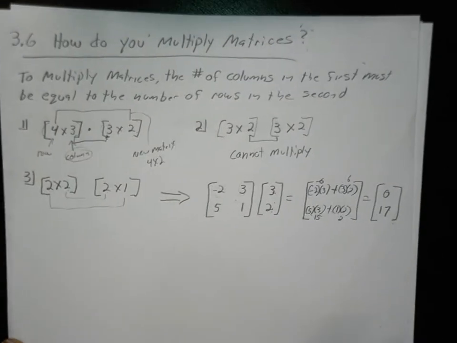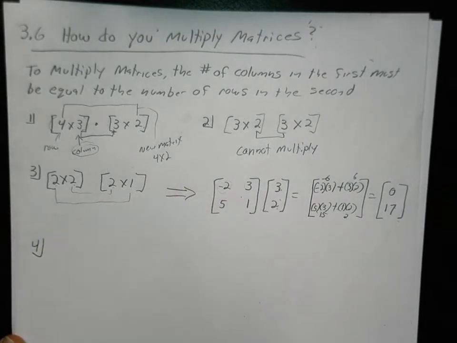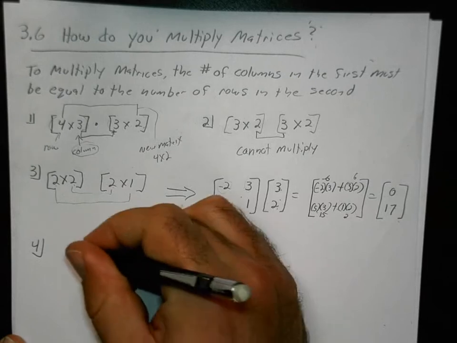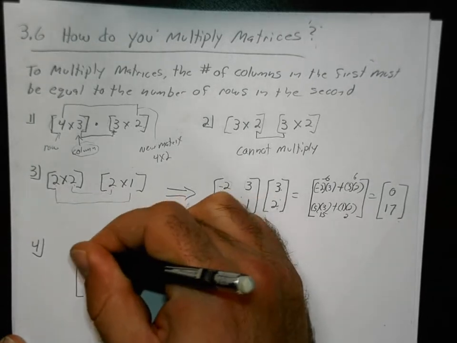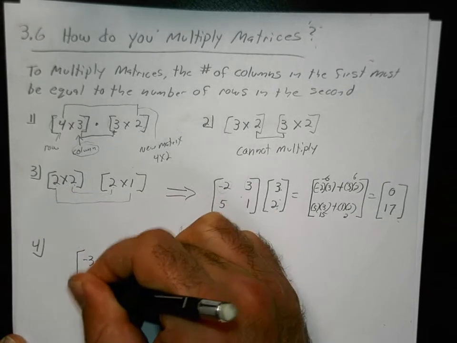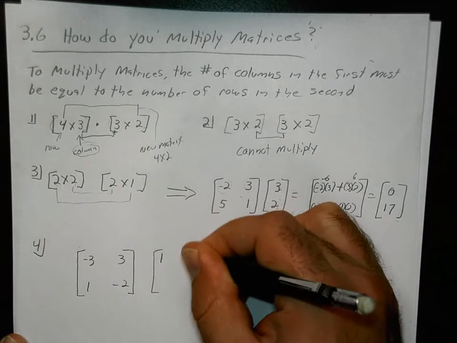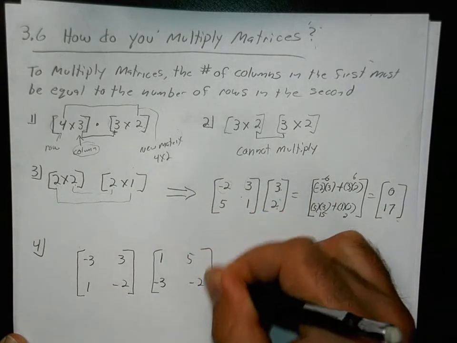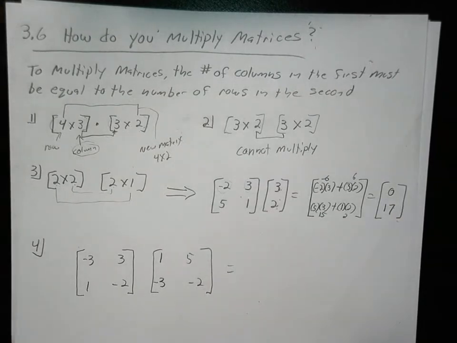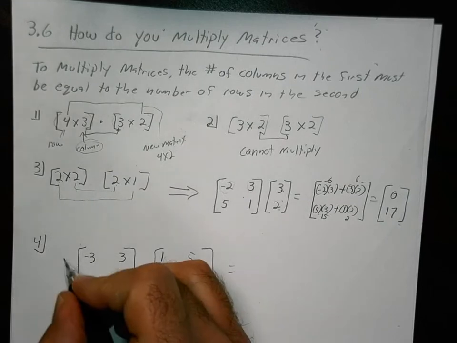Okay, so let's do some more complicated examples here with some more numbers in them. Let's take a 2 by 2 and multiply it by a 2 by 2 and see what I get. Now to make things easier for me, what I like to do is label the rows in the first.